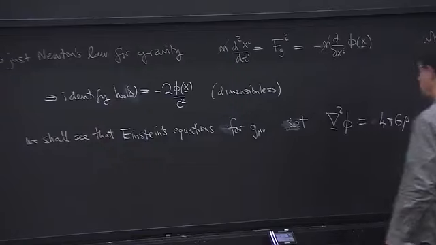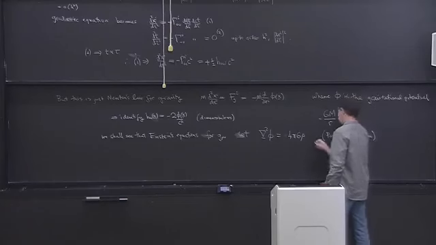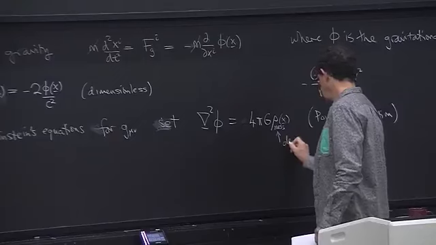I believe it's plus 4 pi G rho, which is Poisson's equation. And this rho is the density of mass.